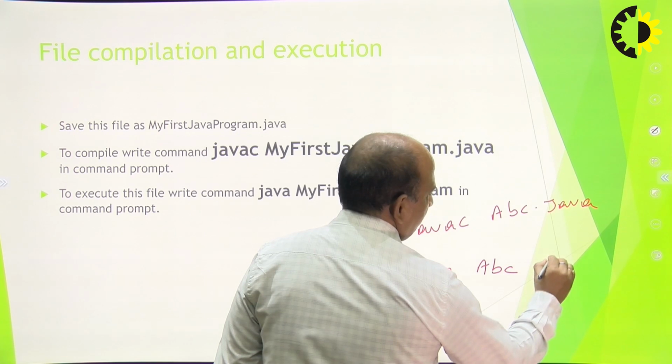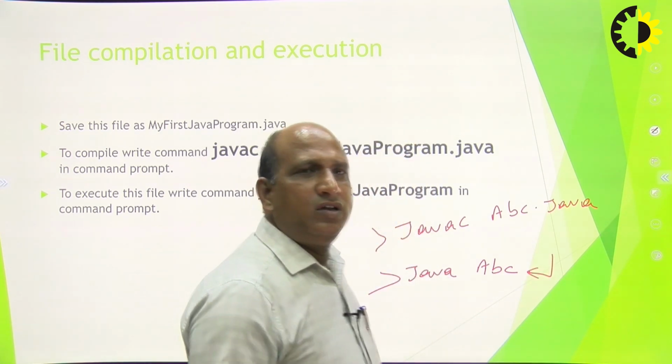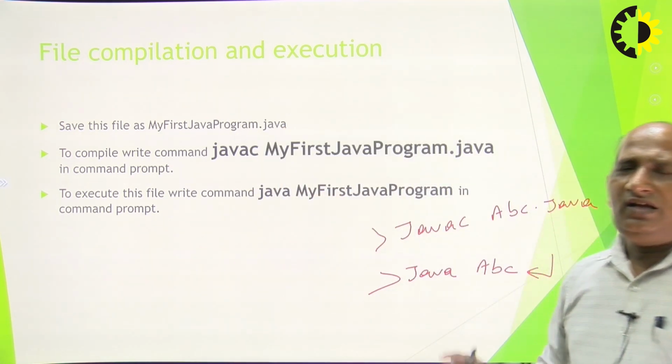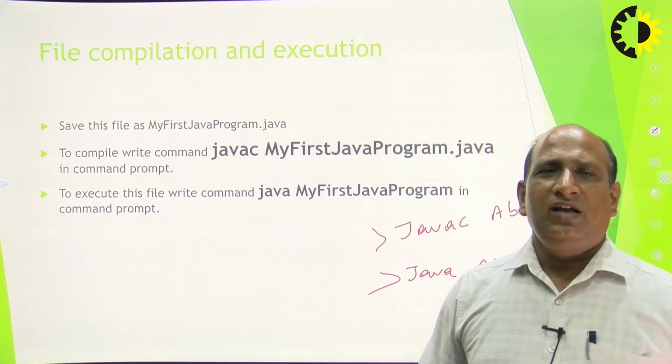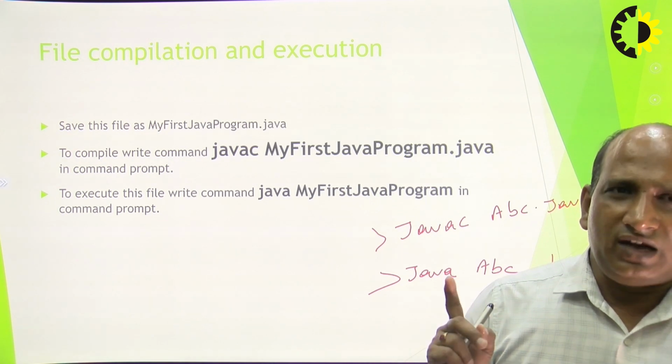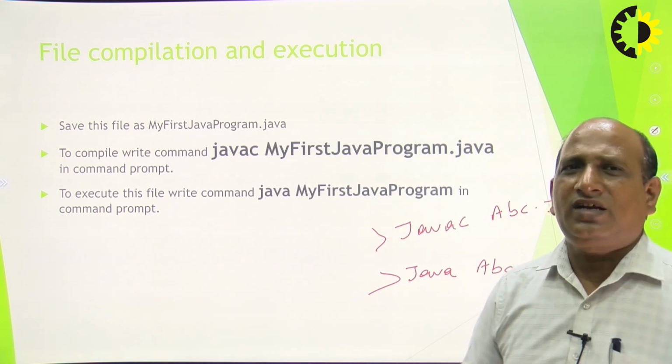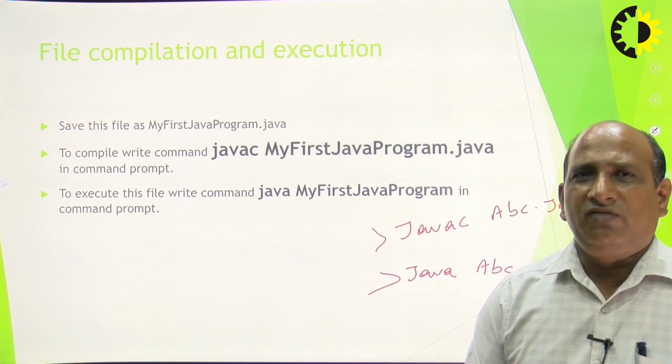write java space the class name only, and press enter. If the name of your file is different, then you can compile that file with that name, but to execute it you have to call the name of the class that contains the main function.